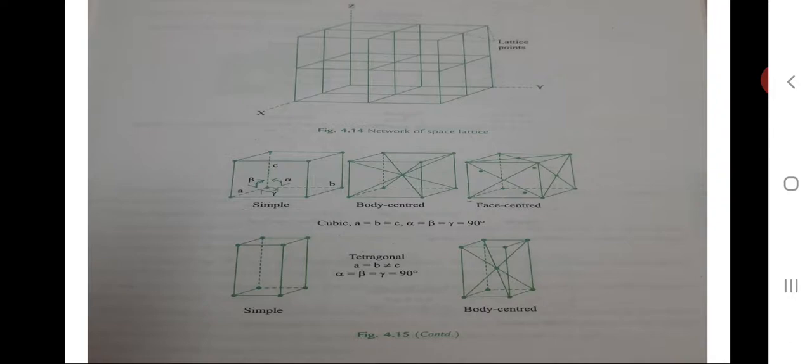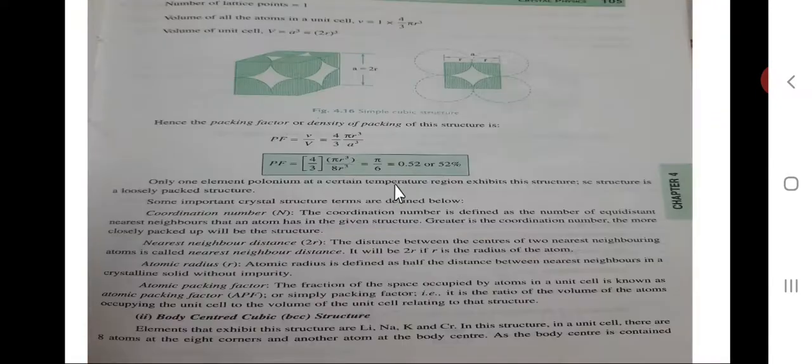In this structure, in the unit cell, there are 8 atoms at the 8 corners and another atom at the body center, as the body center is contained entirely within the unit cell and is not shared by the surrounding unit cells. The number of atoms per unit cell in BCC structure is 1/8 into 8 plus 1, which is equal to 2.